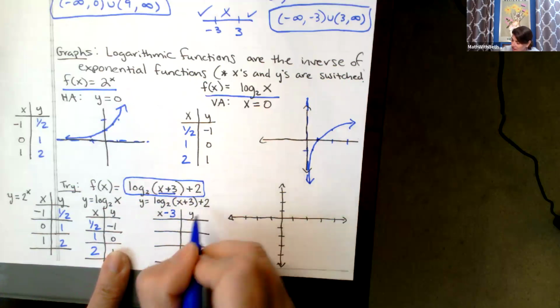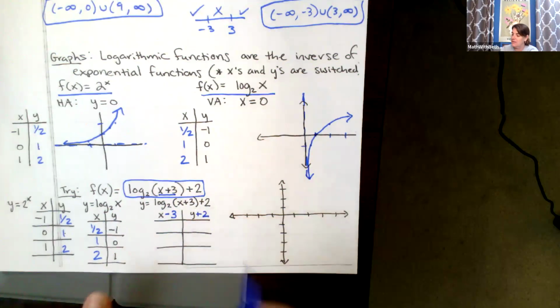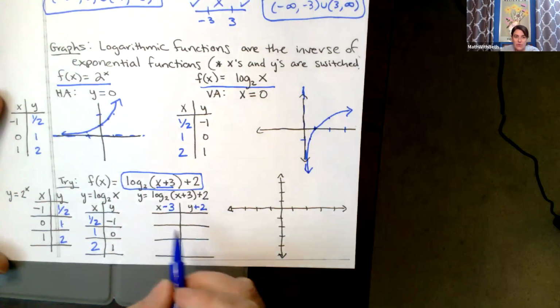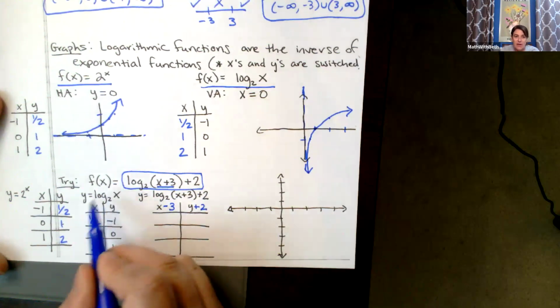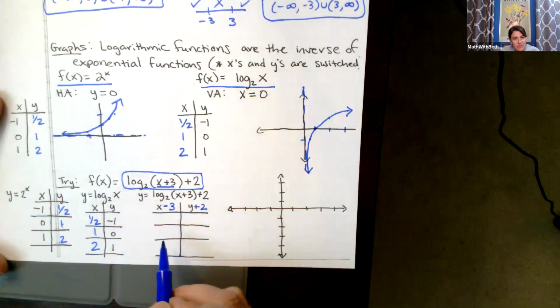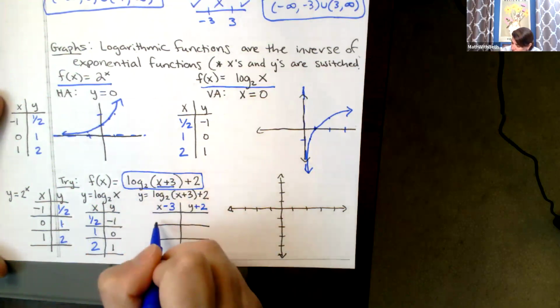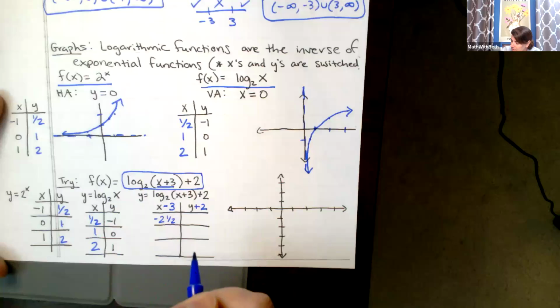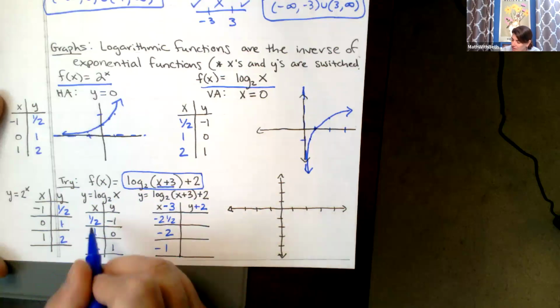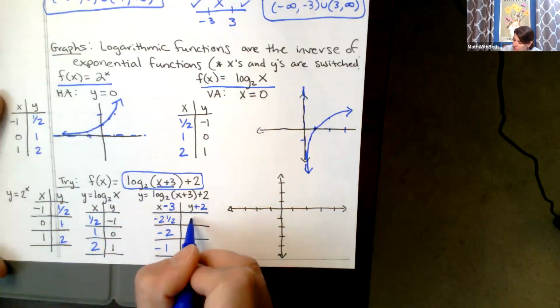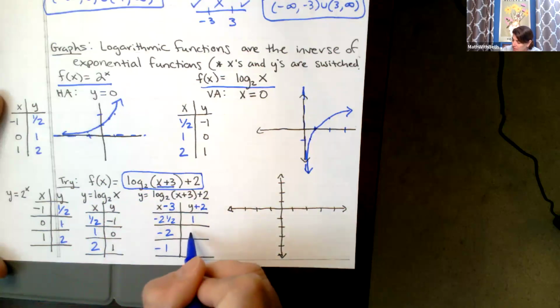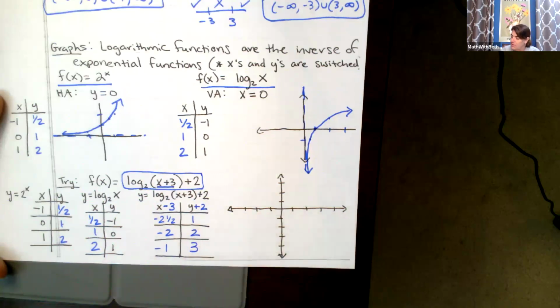And the +2 outside just affects the y. So using these points that I just found, I'm going to subtract 3 from all of the x's and add 2 to all of the y's. So 1/2 minus 3 would be -2.5. 1 minus 3 is -2. 2 minus 3 is -1. Now for the y's. -1 plus 2, 0 plus 2, 1 plus 2.